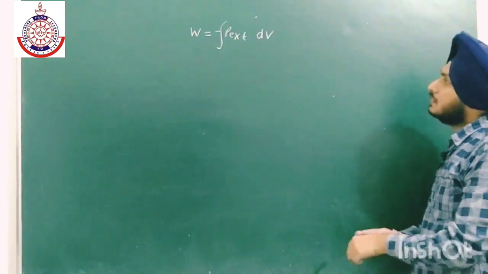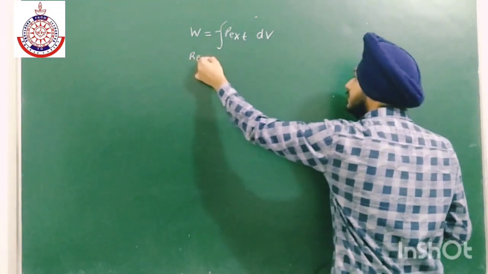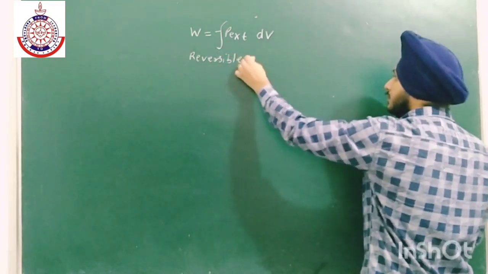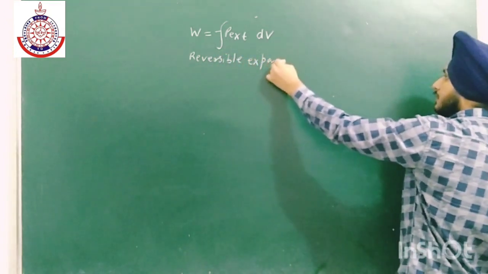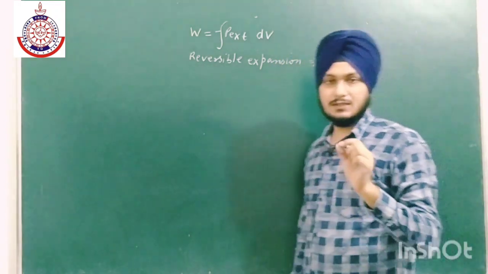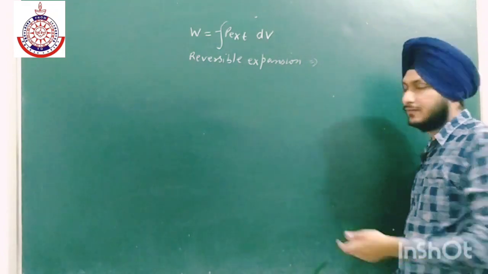Now we all know that in case of reversible expansion, the value of P external is a little bit smaller than that of P internal, which is the driving force.